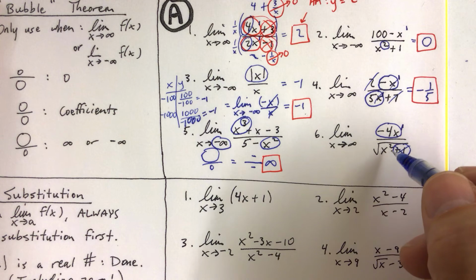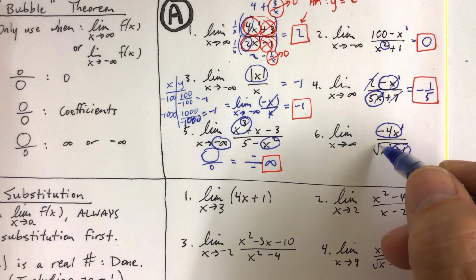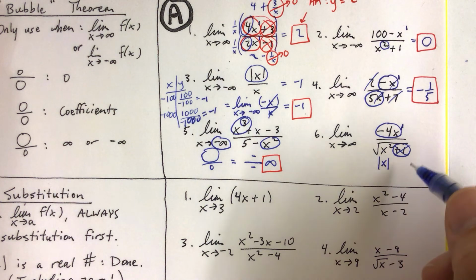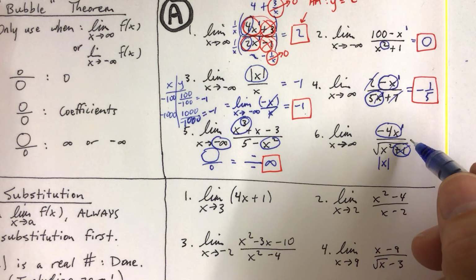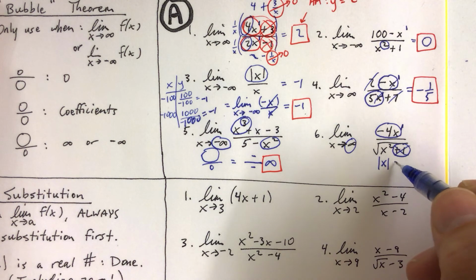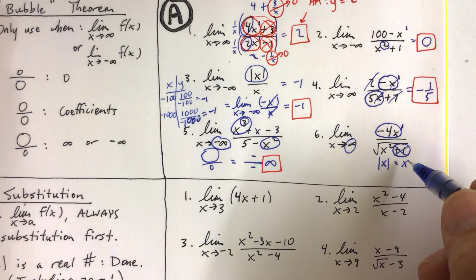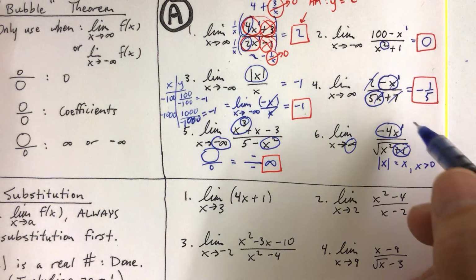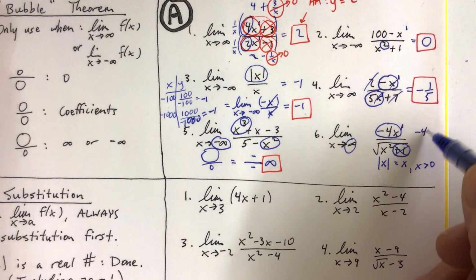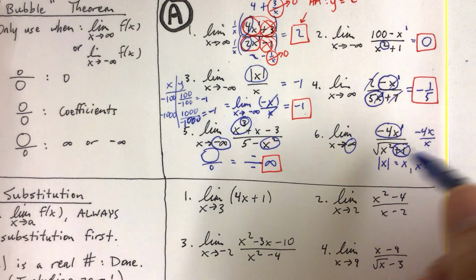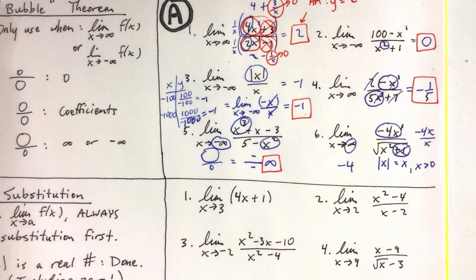The square root of x squared is just x. Really, it's the absolute value of x, but because x is going towards a positive number, we can rewrite that as x because x is positive. Now, what do we have? We have negative 4x on top. We have a 1x on the bottom. Same size bubble. Limit is negative 4.